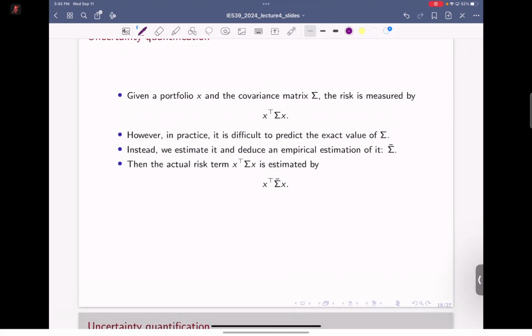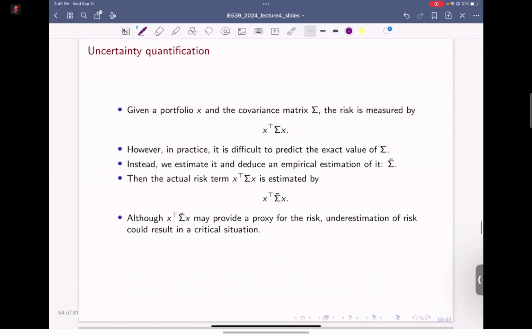So instead of the actual risk term, we have a quadratic function with this approximate covariance matrix sigma bar. It could give you a good approximation, but sometimes it results in a high error. Now my question is, I don't want to have errors in my financial planning. Can I be a little bit more cautious about using this value sigma bar?